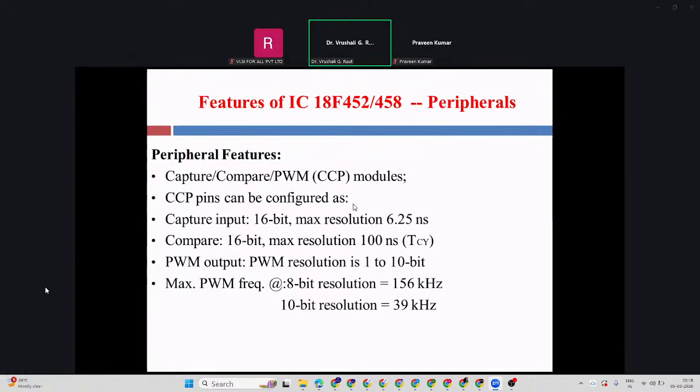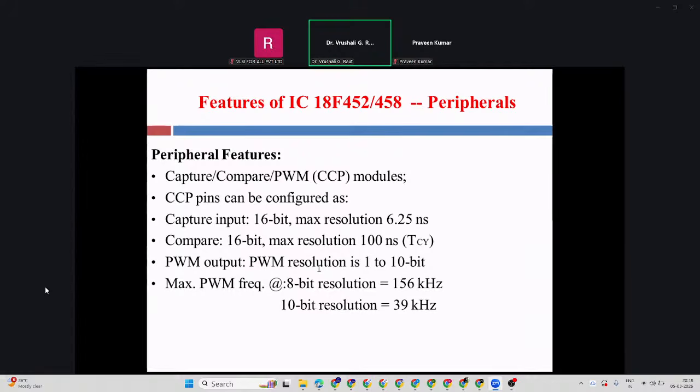CCP pins can be configured as capture input. It is of 16-bit, max resolution 6.25 nanosecond. Max resolution of how much? 6.25 nanosecond. And a 16-bit capture input is there. Compare is 16-bit, max resolution 100 nanosecond.